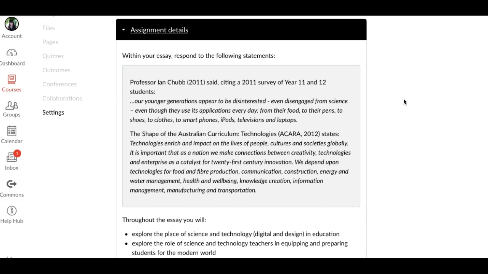It's important that as a nation we make connections between creativity, technologies and enterprise as a catalyst for 21st century innovation. We depend on technologies for food and fibre production, communication, construction, energy and water management, health and well-being, knowledge creation, information management, manufacturing and transportation. Wow, that's a lot of stuff there.